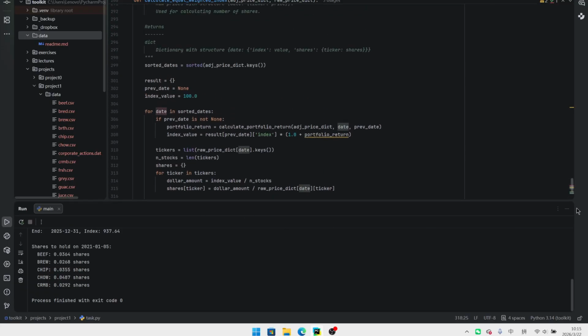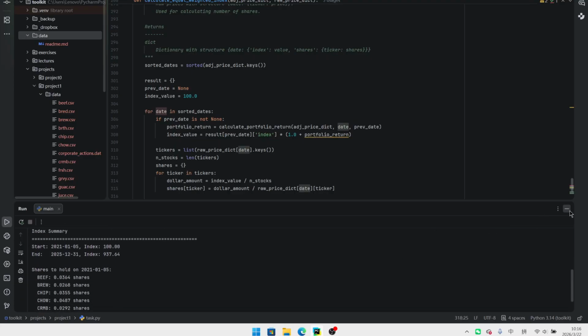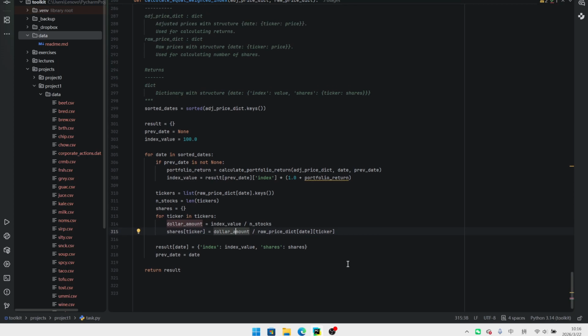Curious about this? Fine. So hold set holds the index, the dollar amount. Dollar amount index, it should be times, I think, dollar amount. But what is dollar amount divided by real price? Dollar amount is the multiple, I think. Index value, yes.